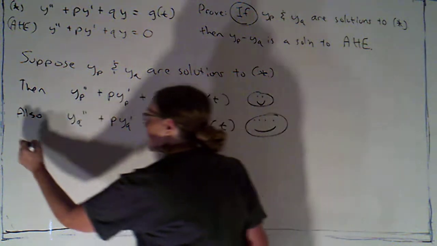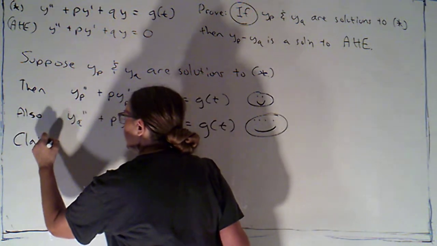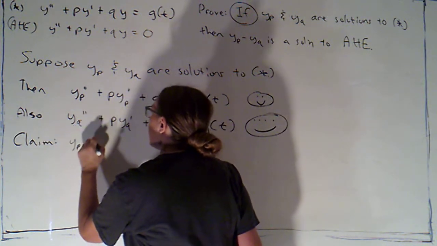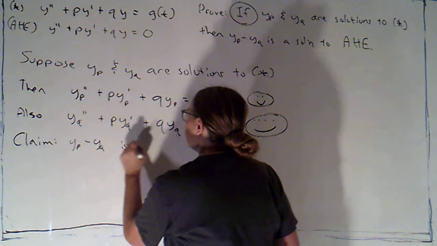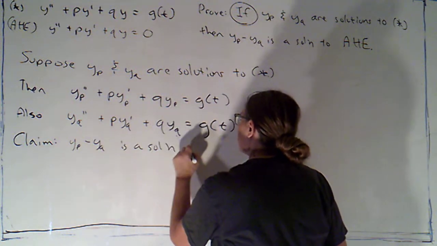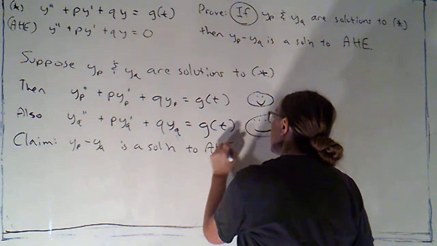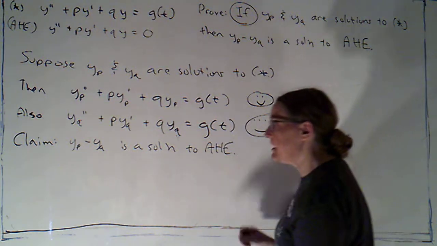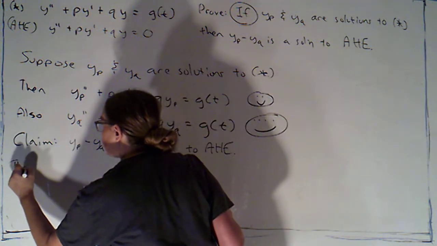Now my claim is that yp minus yq is a solution to the associated homogeneous equation. And let's spell out what that means.